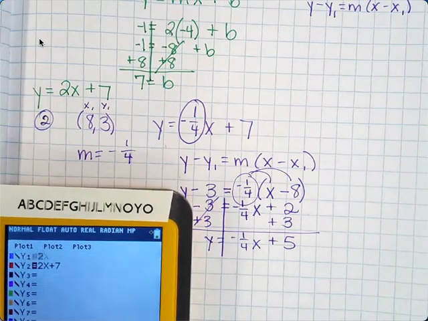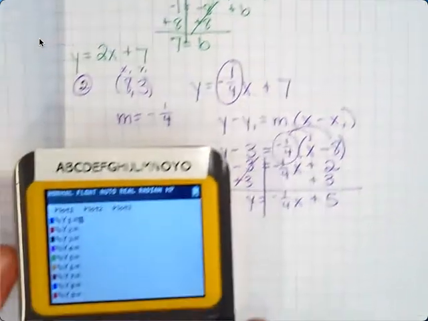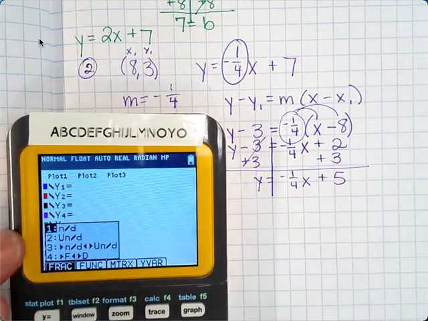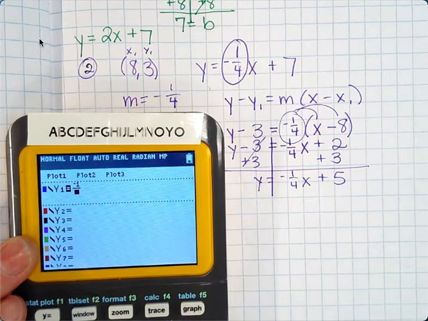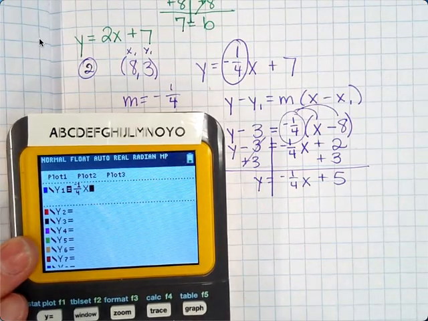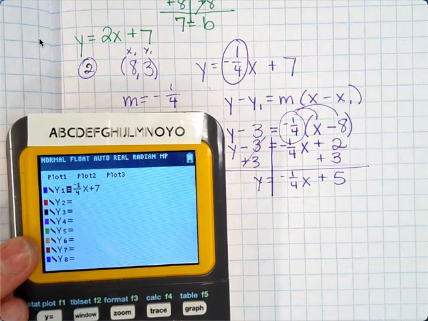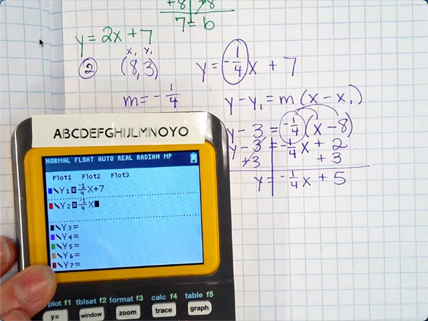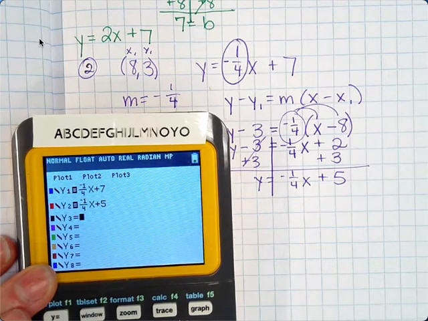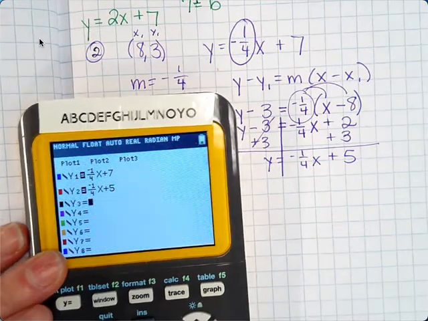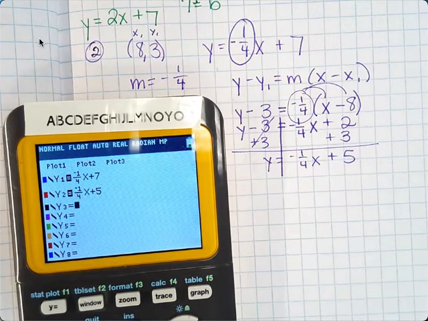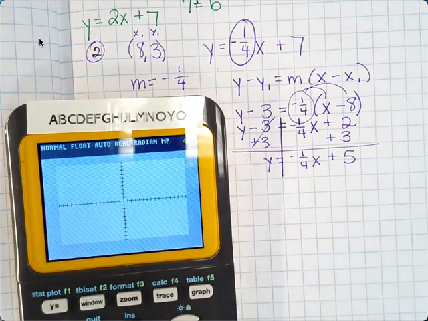So go to y equals, clear out what's in there, put in our original equation and then our new equation. Okay, and then we want to graph it, make sure it looks parallel.